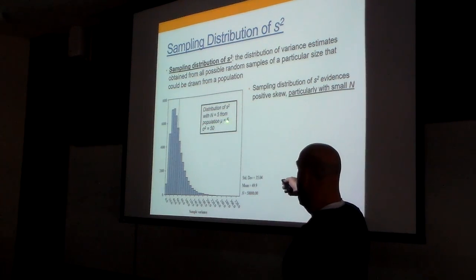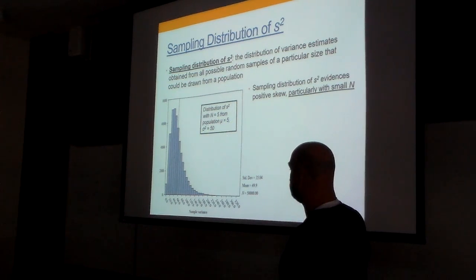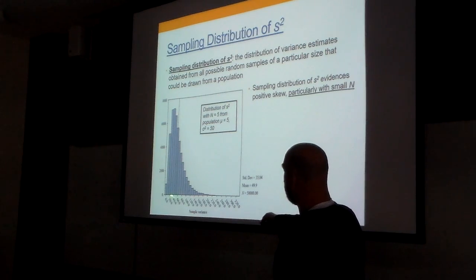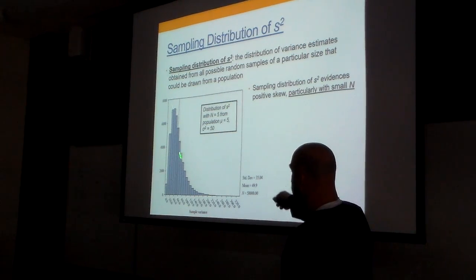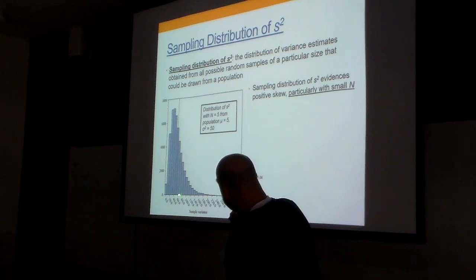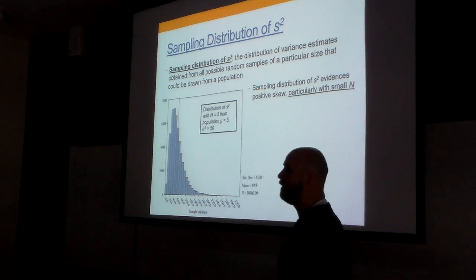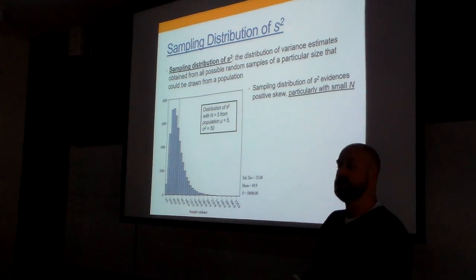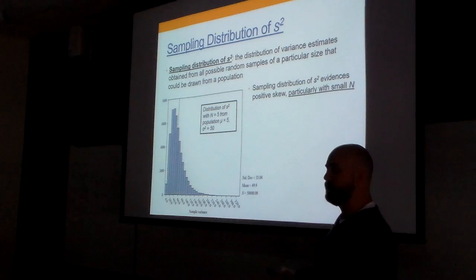But our population from which we're drawing has a mean of 5 and a variance of 50, right? So if I take a look at the mean of my sample variances here, it is equal to 50, okay? So it's unbiased.